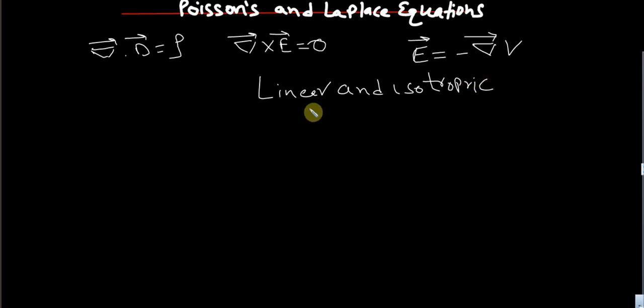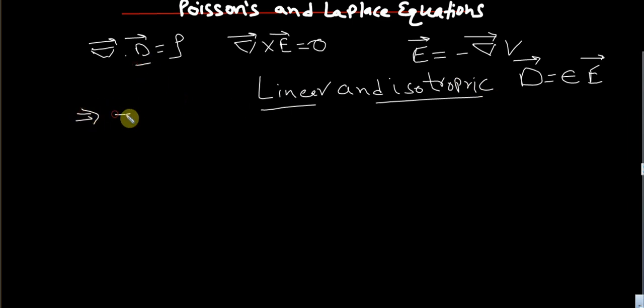we will make a separate video for these different mediums. So just remember here that if the medium is linear and isotropic, then we can write D is equal to epsilon E. Now put this value of D here. So from this we can write del dot epsilon E is equal to rho.